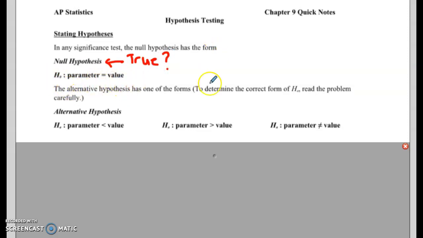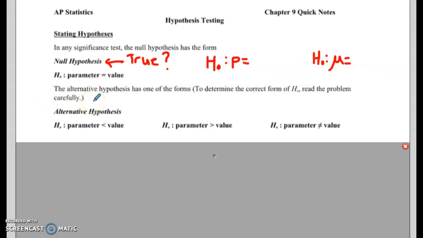So our null hypotheses will either look like, for proportions, P is known to be some decimal. Or for means, our null hypothesis will be the population mean, or mu, is known to be some value. Okay, and these values will be given in the problem.